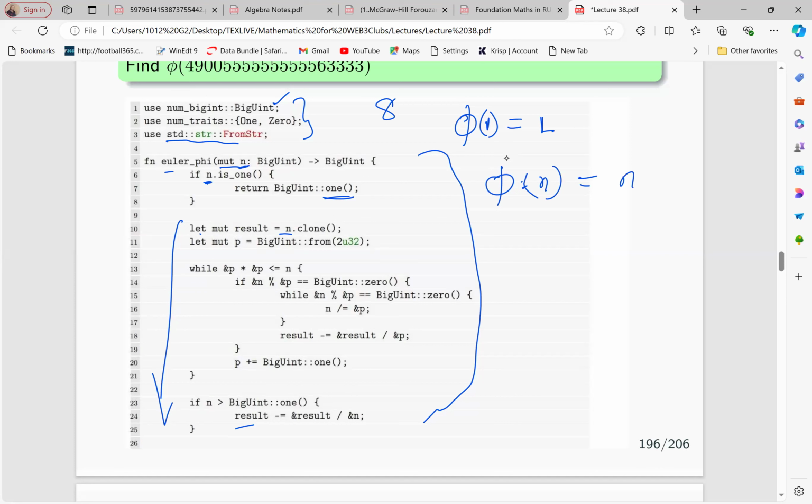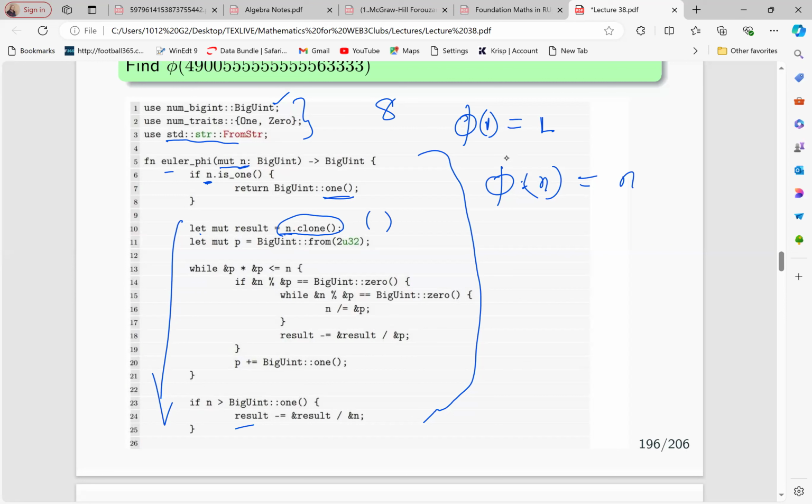Let n clone be mutable, it will not be permanent. It will be changing from time to time. That's what it means by n clone with this bracket there.